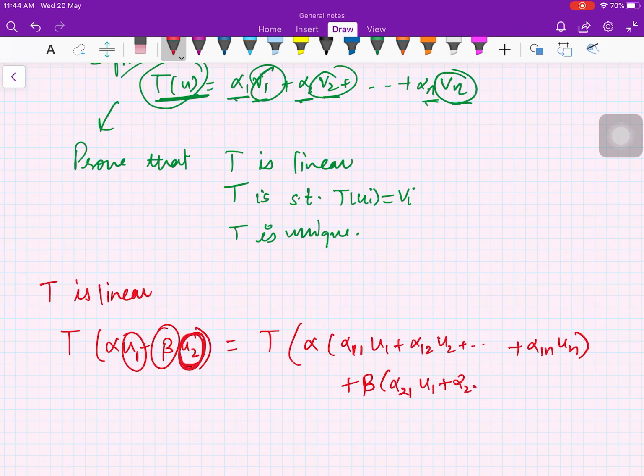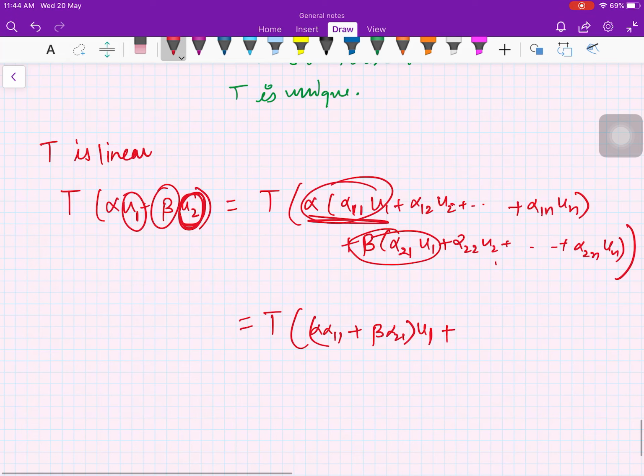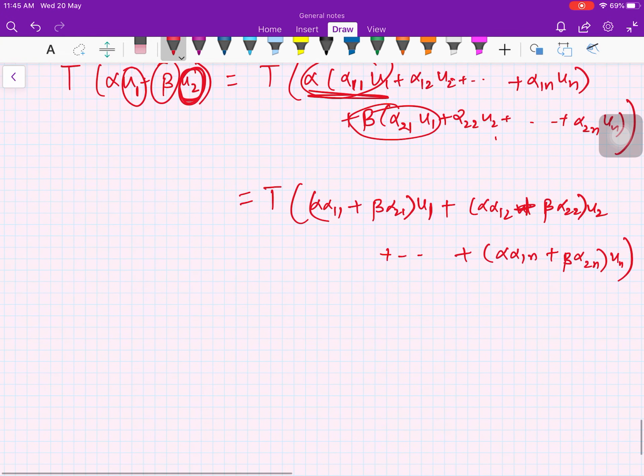Write that as alpha 2 1 u1 plus alpha 2 2 u2 plus so on alpha 2 n un. Now you can write it as T of alpha 1 1 plus beta alpha 2 1 into u1. I am just combining this and this, then the u2 term. So you will get alpha 1 2 plus beta alpha 2 2 into u2, and so on, alpha 1 n plus beta alpha 2 n into un.